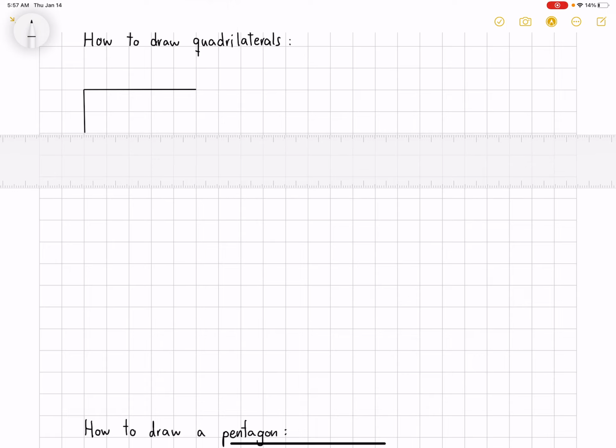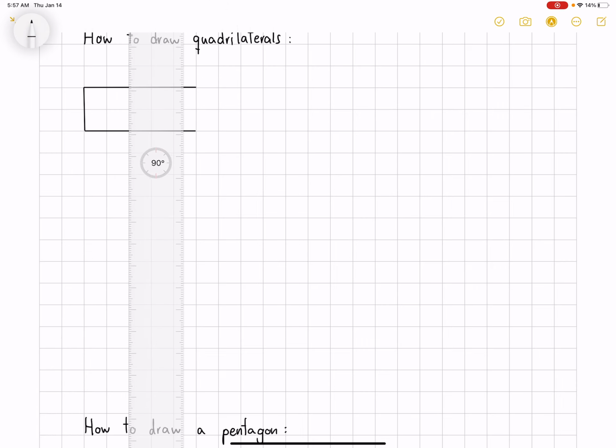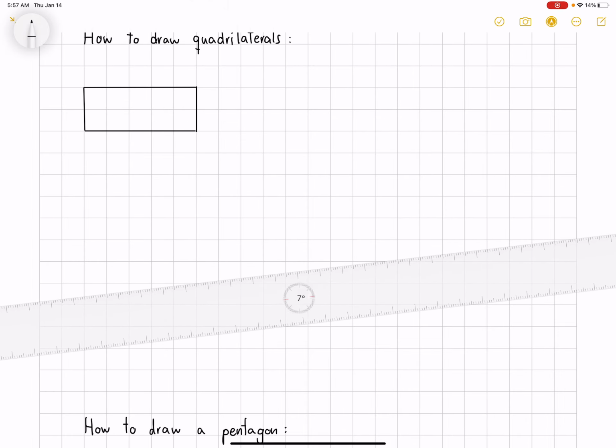The bottom and the top side are 5 squares long, and the right and the left side are 2 squares long. 5 by 2. And we connect the lines so that we have a closed shape. All right, let's write the name underneath it, rectangle.